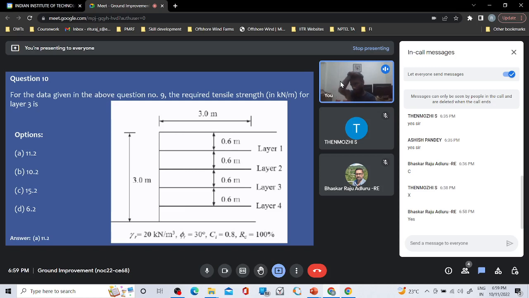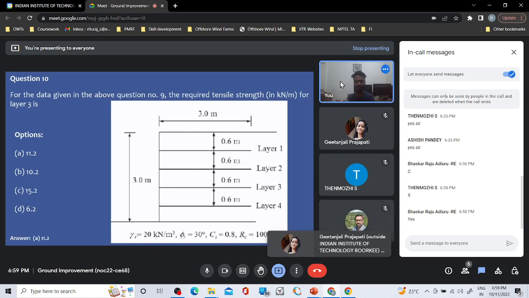Okay, last question, guys. Earlier we solved it for layer 1. Now you need to solve it for layer 3. Due to my animation problem, I have already given the answer for this question, but try with this.